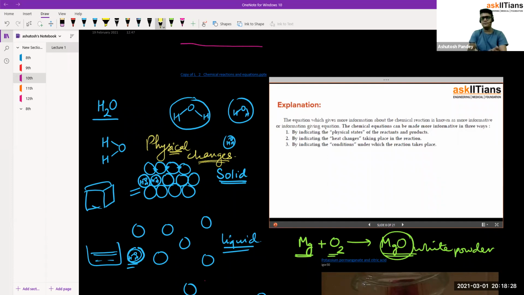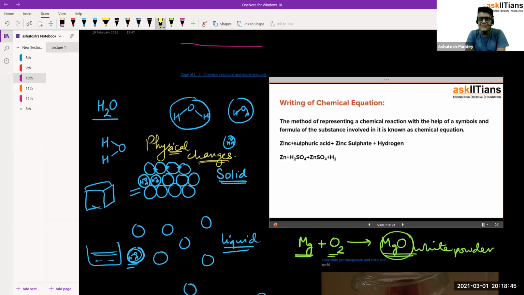Now, explanation. There are certain things which we can add to improve the representation of a chemical reaction. These are the tools. Like in the previous reaction, in which state does this zinc exist: liquid, solid, gaseous, or aqueous?